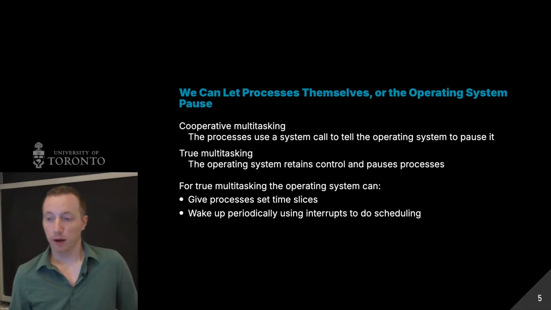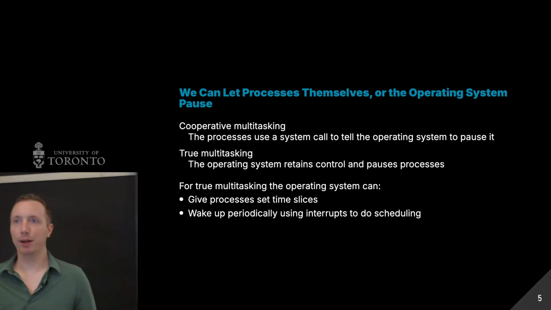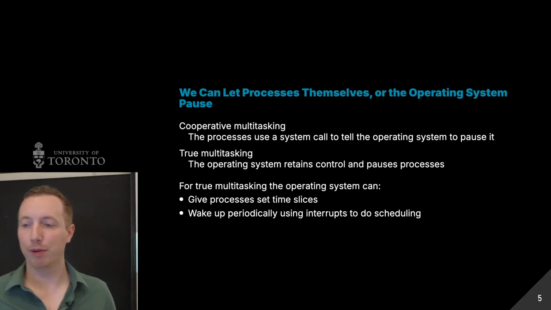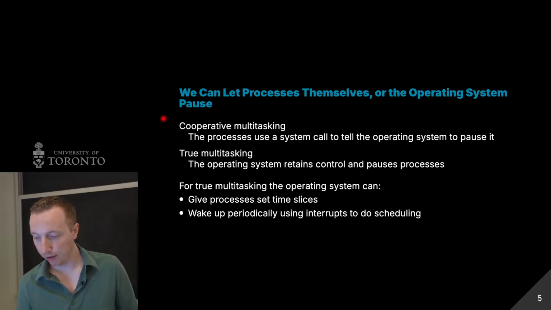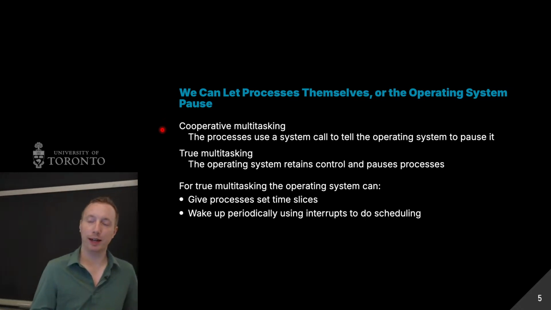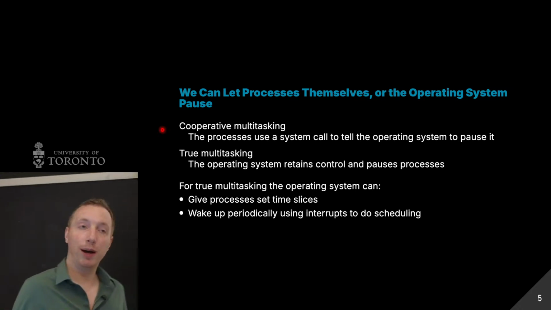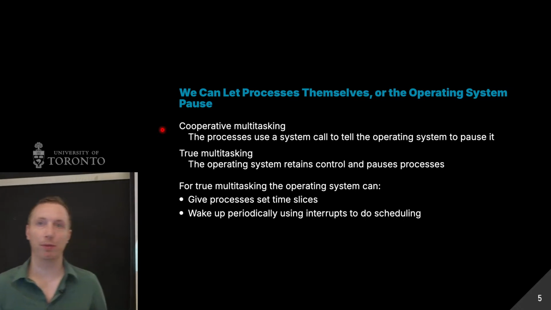There's also another thing we can do. We can let processes schedule themselves or have the operating system maintain control. There is a thing called cooperative multitasking, where in order to give up the CPU, you have to use a system call and tell the operating system, okay, you can pause me and run some other process.